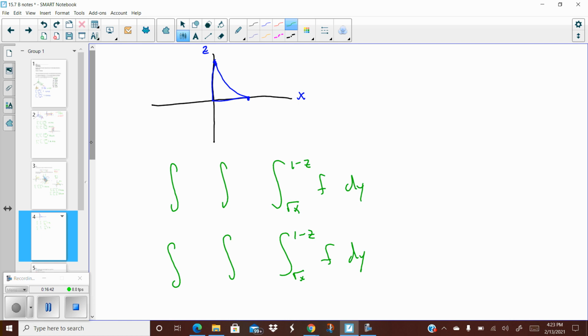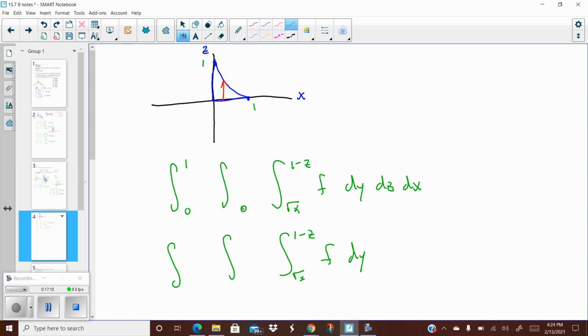All right, so then we're going to have to do either a type 1 or a type 2. So if we do a type 1, that means that z would be the next piece, and then x. Okay, x is going to go from 0 to 1, because we know both of those values are 1. That's the easier one. Z is going to go from 0 up to whatever we call that particular curve right there.